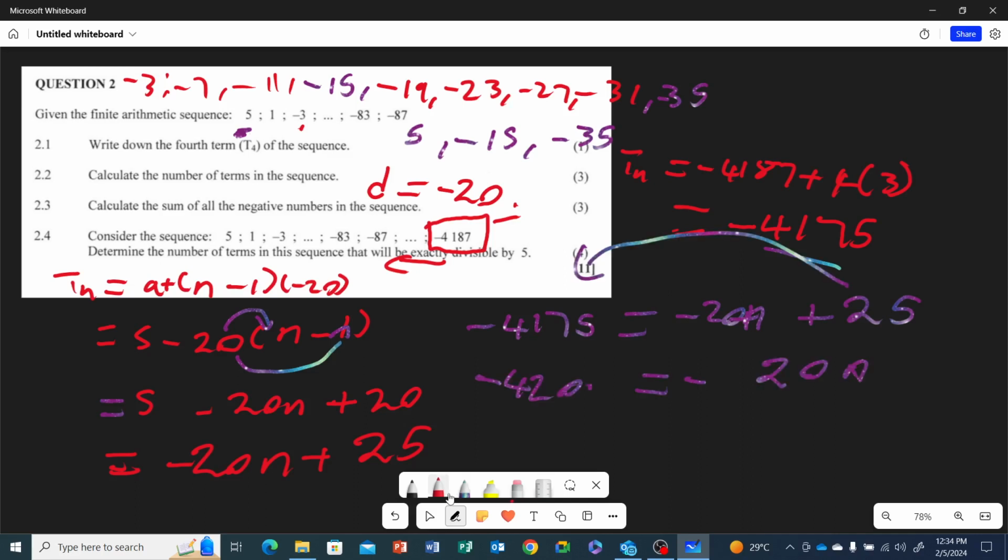I said negative 4200, there's a 0 there. So divide by minus 20. This 0 will cancel that 0. 420 divided by 2 is 210. So n equals 210 number of terms.